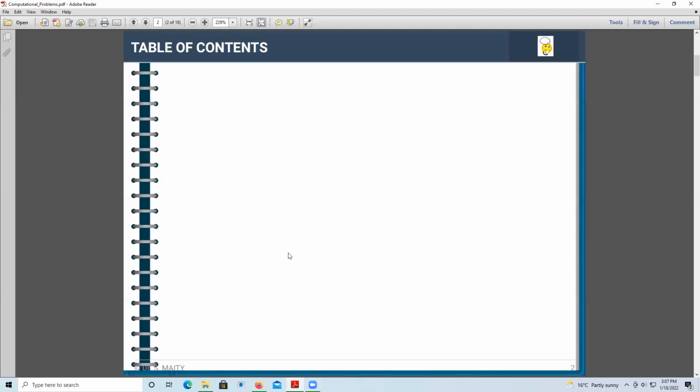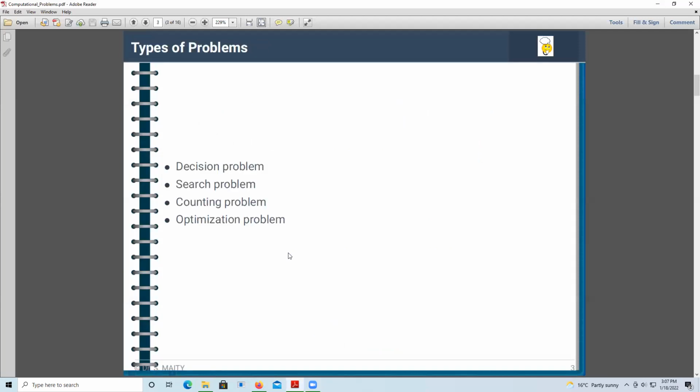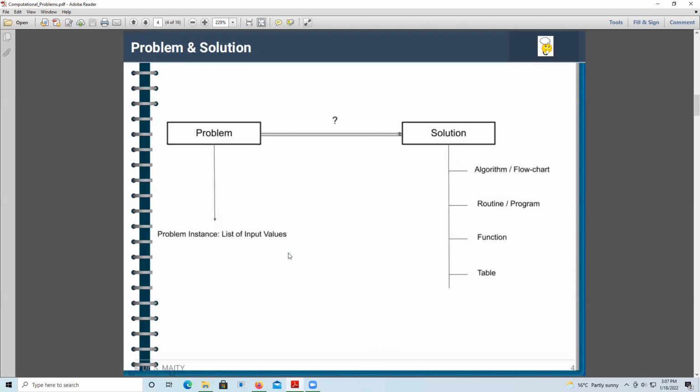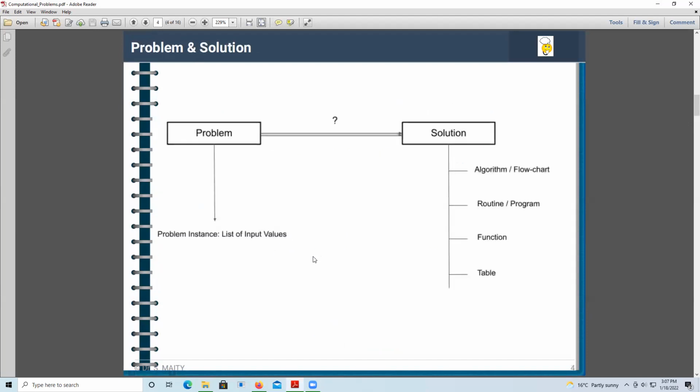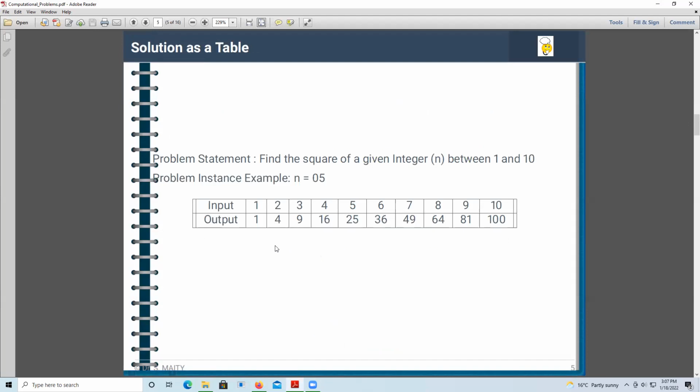Okay. So in the last class, we discussed types of problems, and we said that there are different ways of representing a solution of a problem. We can represent it using a table, which we already discussed. As you know, the set of inputs can be a finite set or an infinite set.